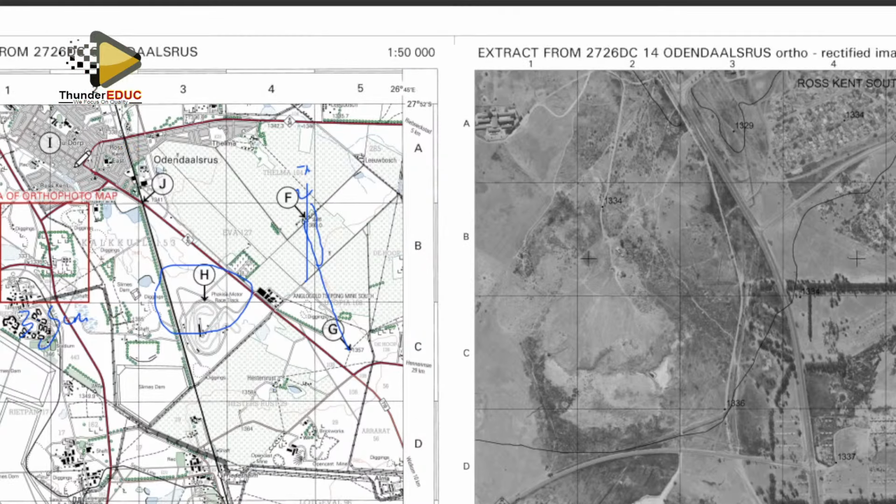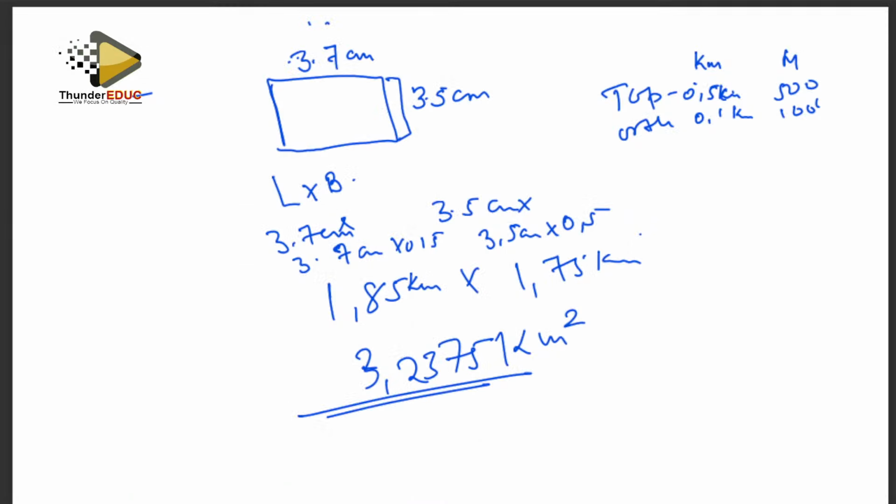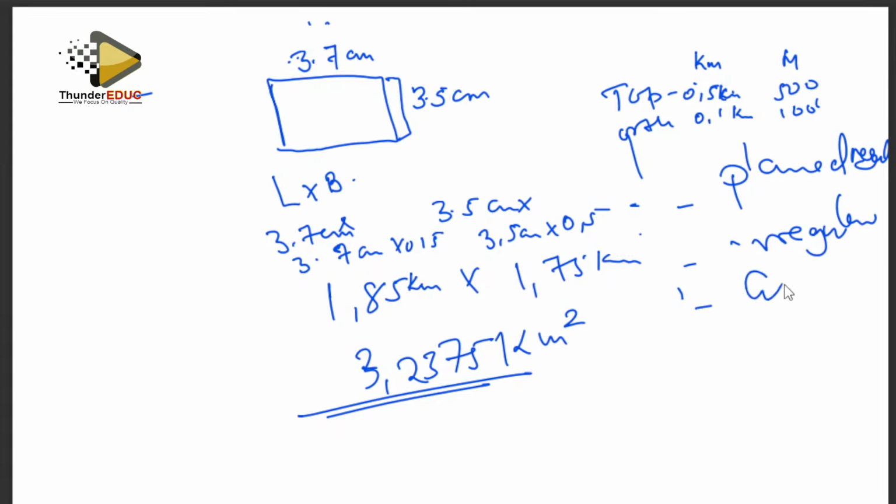You see that this looks like blocks. If you remember very well, when you're looking at street pattern, we said we have planned, we have irregular, planned irregular street pattern, we have the grid. Okay.